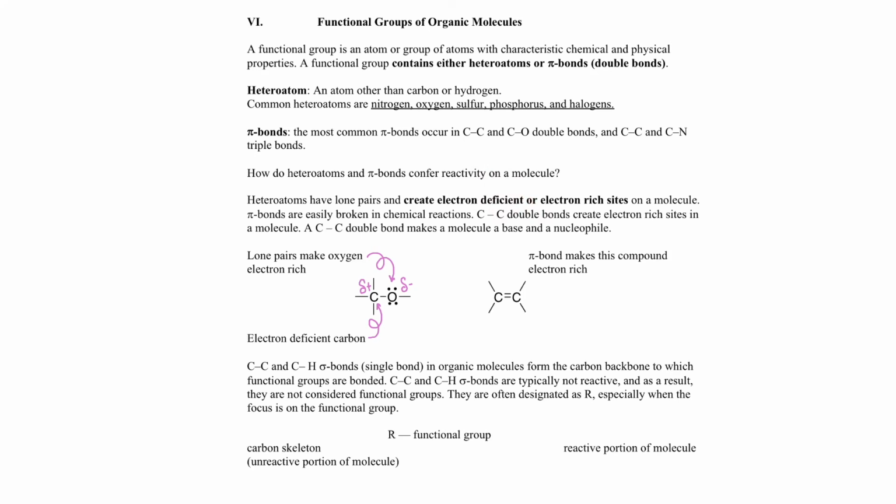So now let's look at the pi bond. Whenever you have a pi bond, it is going to be electron-rich. So the pi bond itself, that pair of electrons on the double bond or the triple bond, is going to be considered electron-rich, and that is also a functional group.